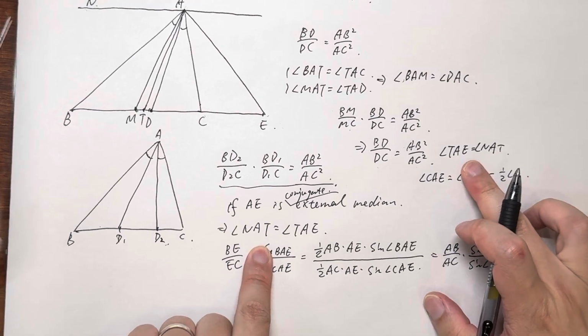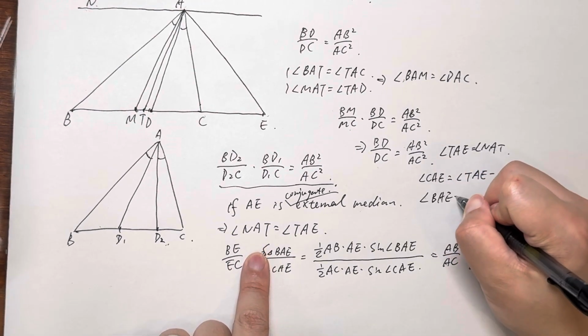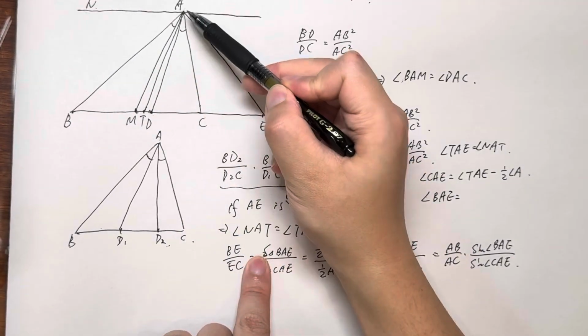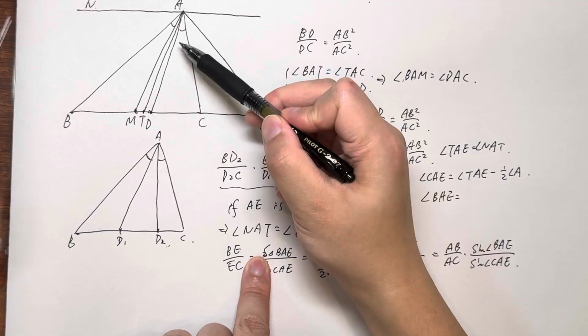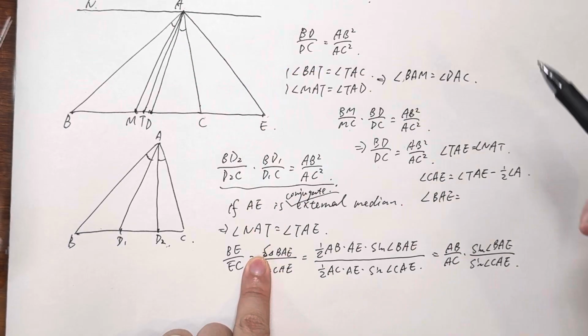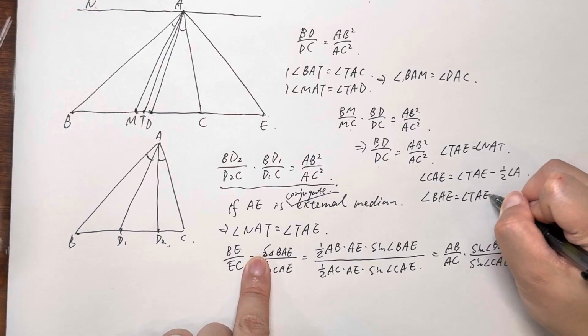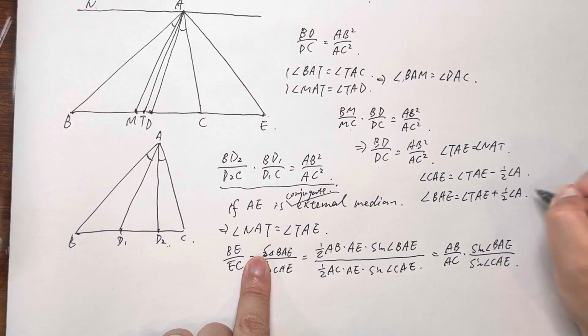Angle TAE equals angle NAT. And for angle BAE, that is angle TAE plus half of angle BAC, half of angle A. So angle TAE plus half of angle A.